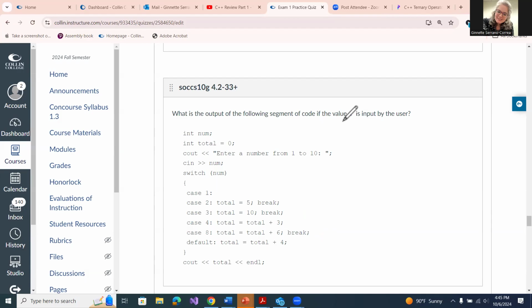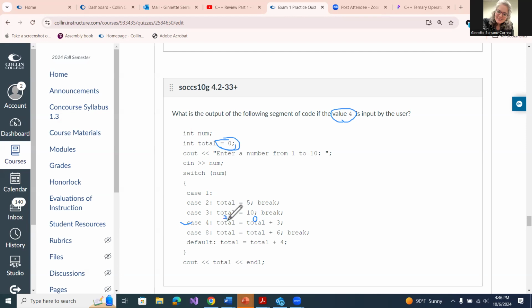So here we're saying the user input is 4. So we're going to start here at this point. 4 is not equal to 1, 4 is not equal to 2, 4 is not equal to 3, 4 is equal to 4. It'll take that 4. Let's see, total is 0. So it's going to take 0 and add 3 to it.